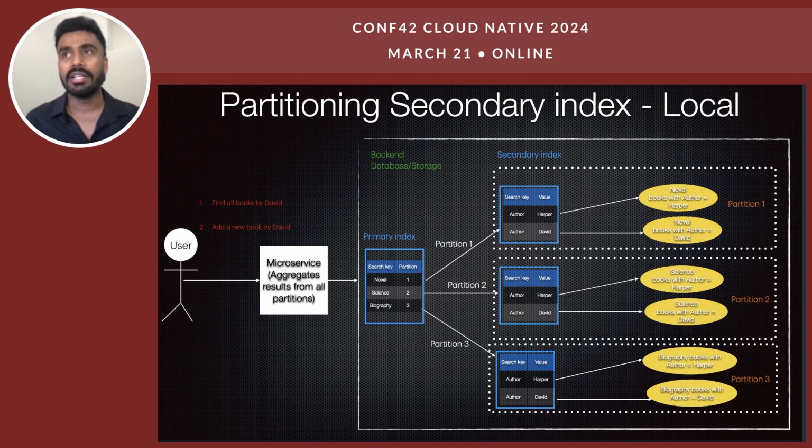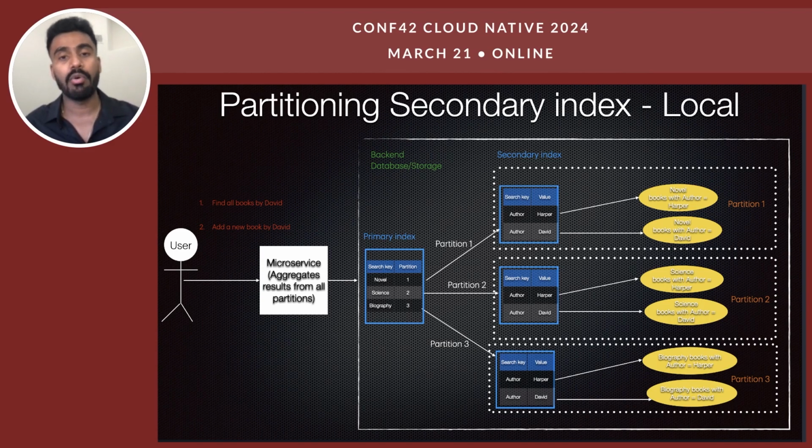Because just going into the partition won't help you, right? There might be a lot of other authors too, and you want to retrieve the books of only one author, which is searched. So going until the partition level is fine with the primary index, but in a partition, you actually need a secondary index for faster, quick lookup, and that's why you need a secondary index.